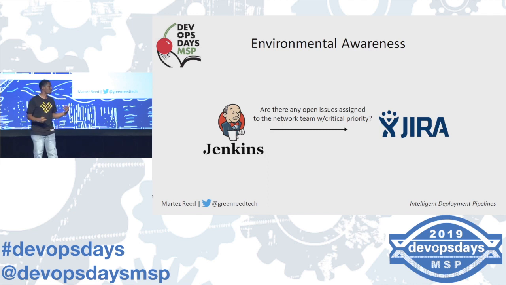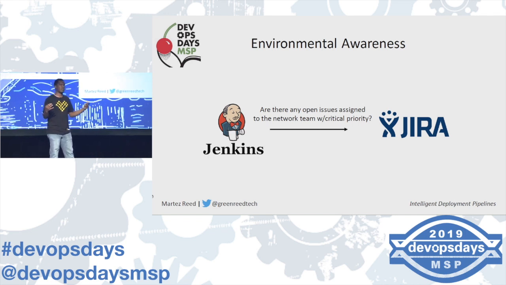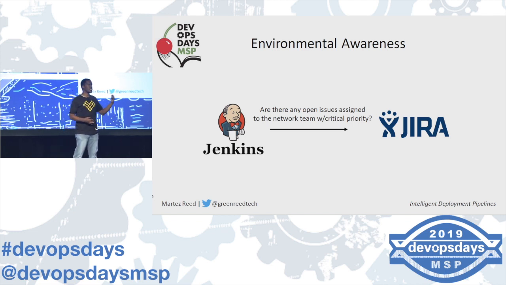For me, this is a really big one, because this steps out of the purely technical and starts to step into the interdependencies of different teams. So in this case, maybe there's a network team that manages, let's say, an AWS VPC configuration, VPNs, firewalls, things like that, and potentially looking at a source of truth like Jira.